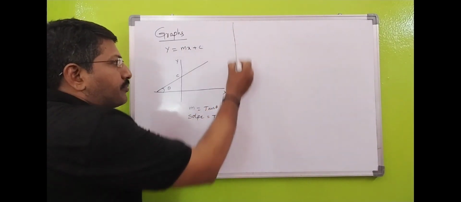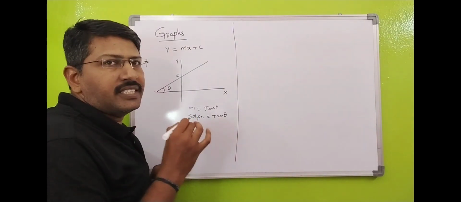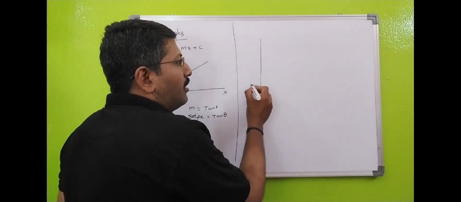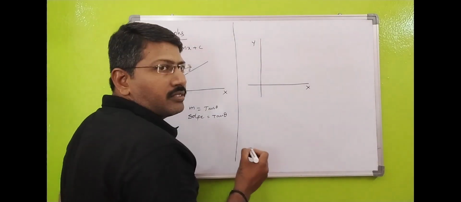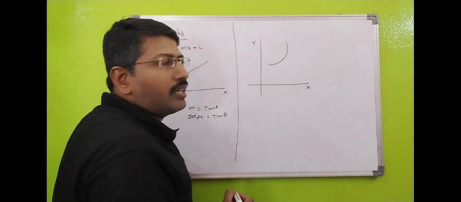Next, if you draw a graph on the x-axis and y-axis, this is the nature of the graph.